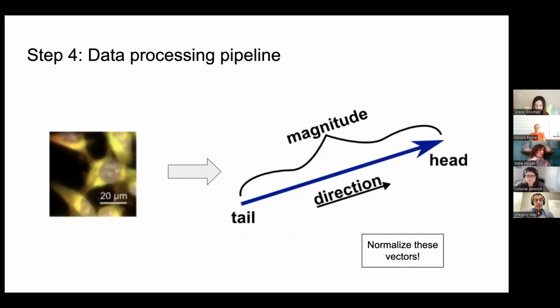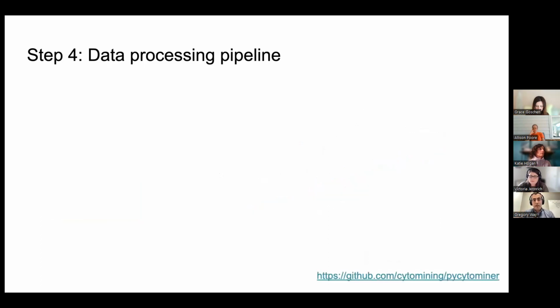Okay, so now we've been able to extract about 3,000 features using the classical approach, and we'll just stick to the classical approach for now. 3,000 features per single cell in these drug screens. What we need to do now is to normalize these vectors. You can imagine we now have a 3,000-dimensional vector, and we need to make sure that vector is behaving nicely, and that we can apply statistics and machine learning to it.